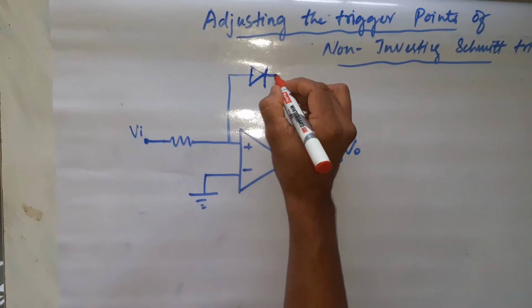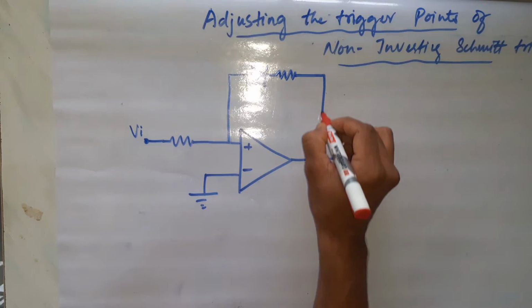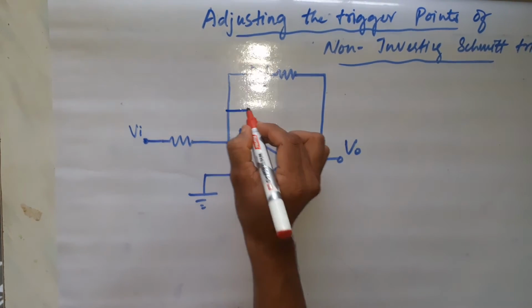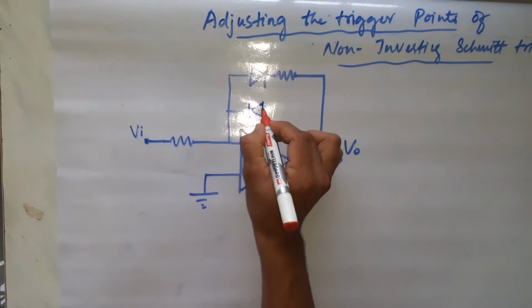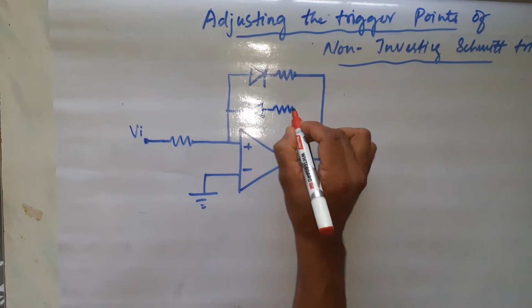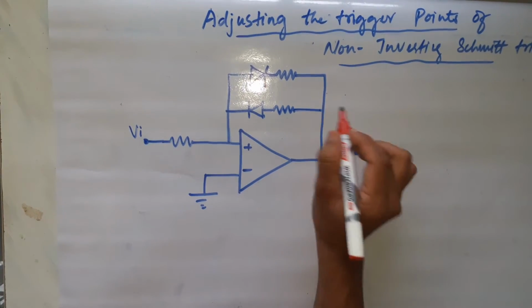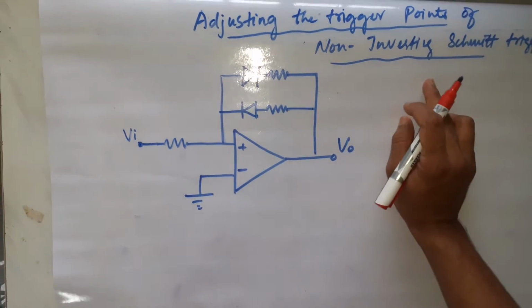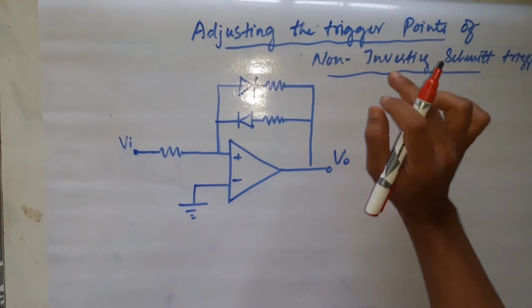So we will be using a diode, the same concept like how we used in the inverting Schmitt trigger for having adjustable trigger points.